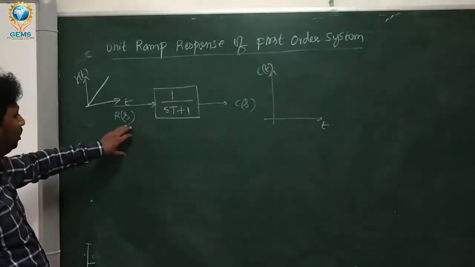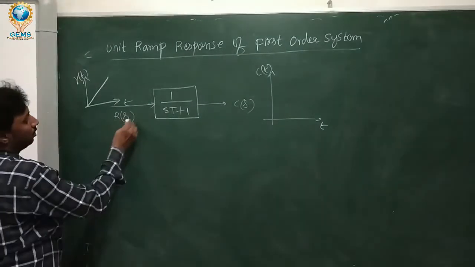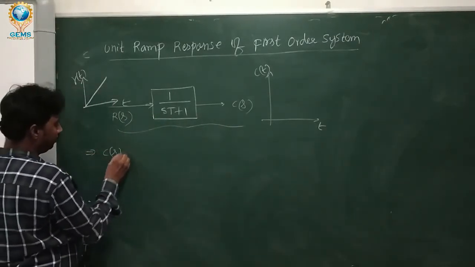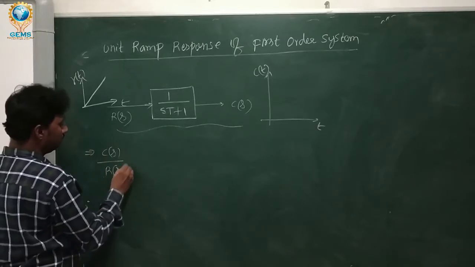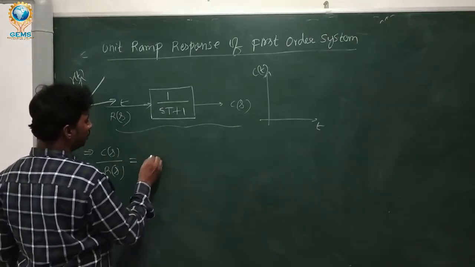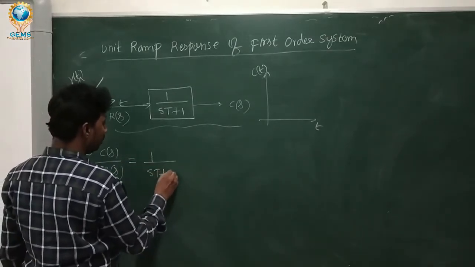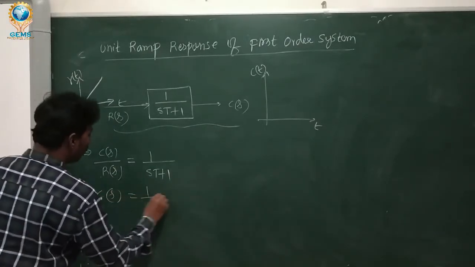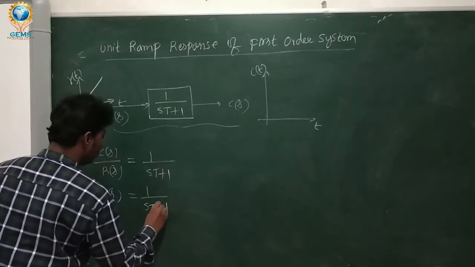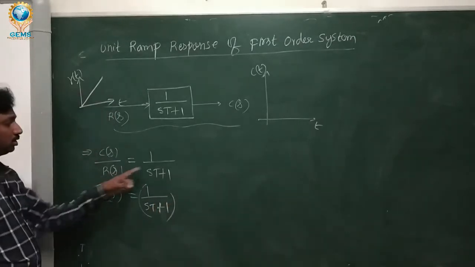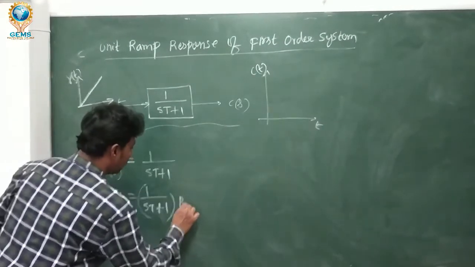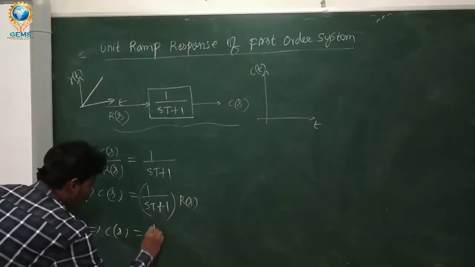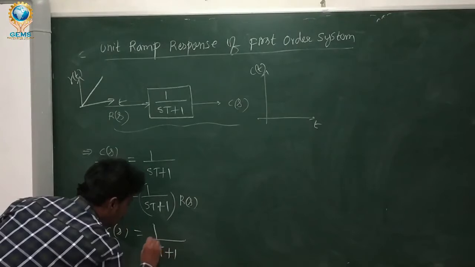So what is the transfer function from this diagram? C(s) by R(s) is equal to 1 by (sT plus 1). So C(s) is equal to 1 by (sT plus 1) into R(s).